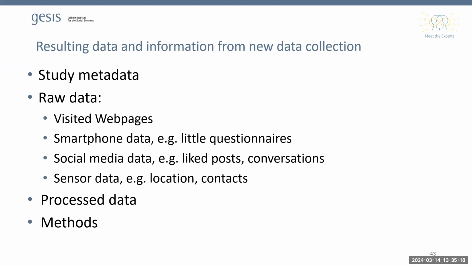We have social media posts, reposts and conversations, or we might have sensor data with the user's locations or contacts. This data might be large, and it also needs to be processed to make any sense out of it. For example, for web pages, some categories would be good, like web pages the user visited on news, or on leisure time, or on work-related things.